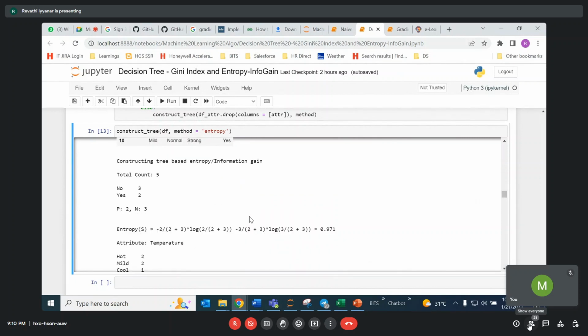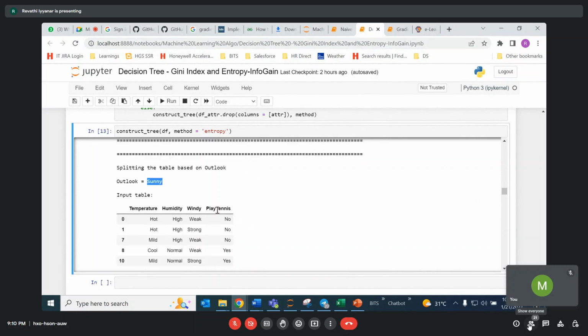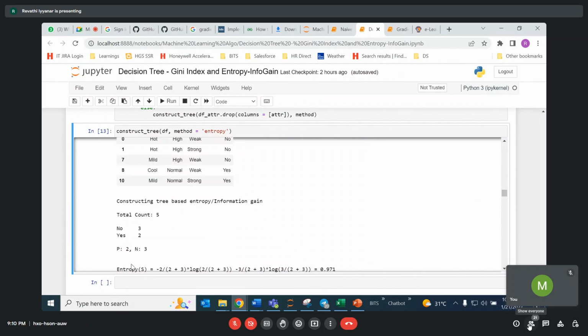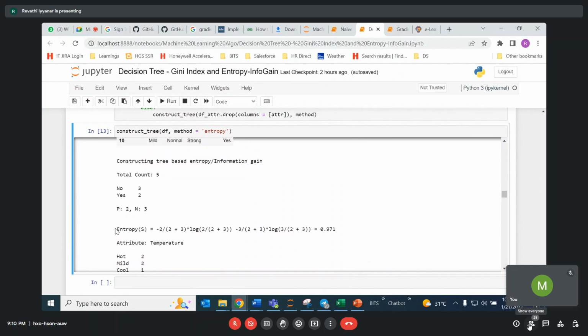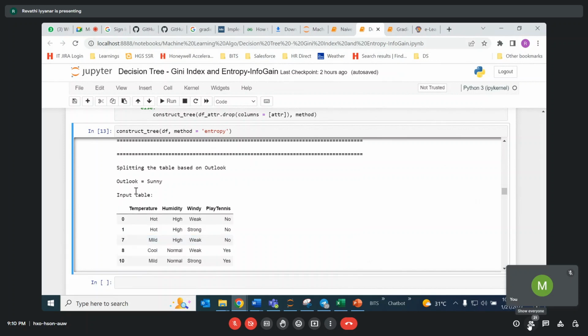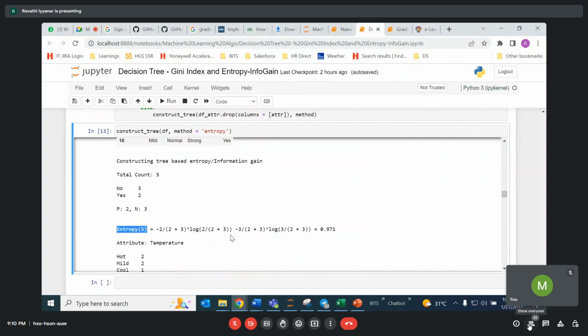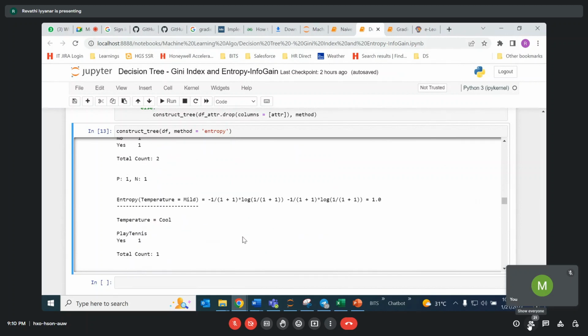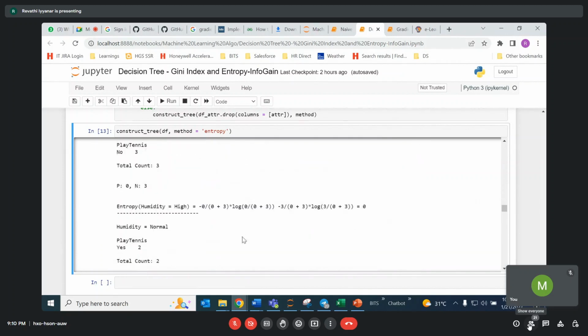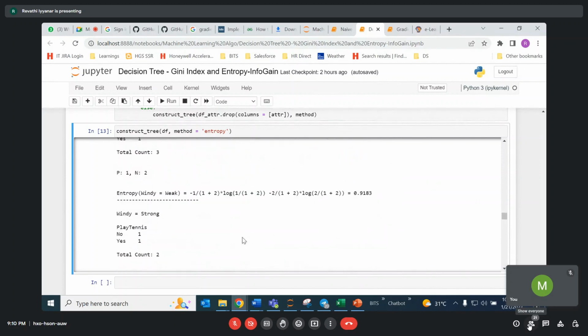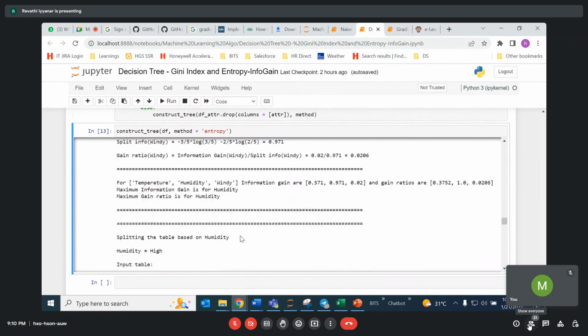Now considering Outlook sunny, here E of S will be the entropy of S specifically for Outlook of sunny. And then again we will compute for temperature, humidity. Full construction of the decision tree may take more than 1 hour. A lengthy one.